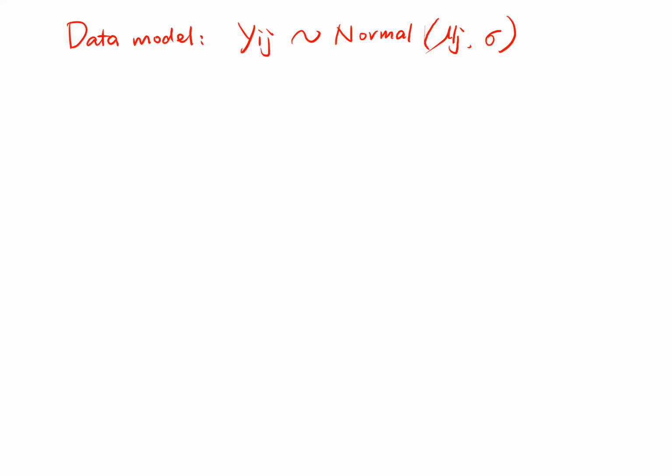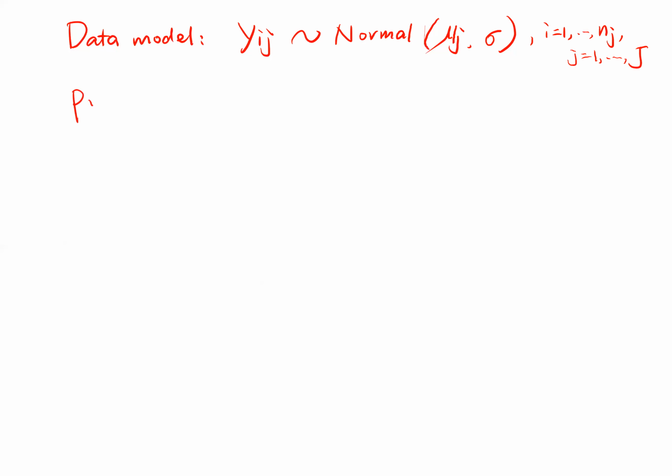And it's important to get the index right. So i is from 1 to nj. Remember, nj is the number of dramas in that schedule. And j goes from 1 to capital J, the total number of schedules that we have. So that's the data model.